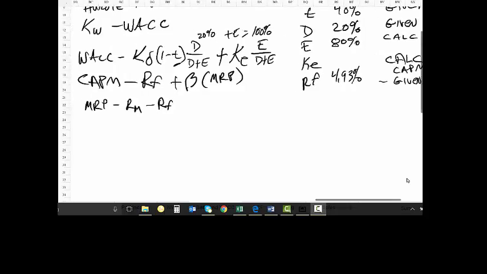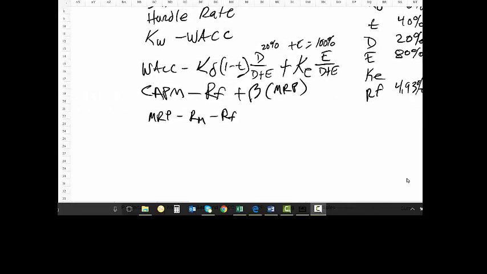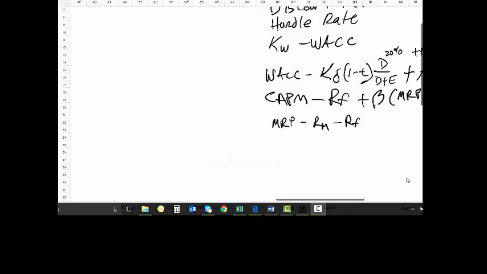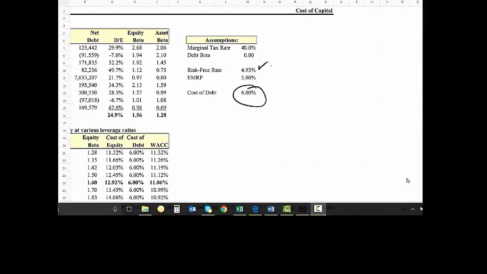Our next variable that we need is the market risk premium, and this is not given in the case. But if you think back to Duff and Phelps, they had been recommending up until this year a 5% equity market risk premium. So we're going to use 5% in this example today.